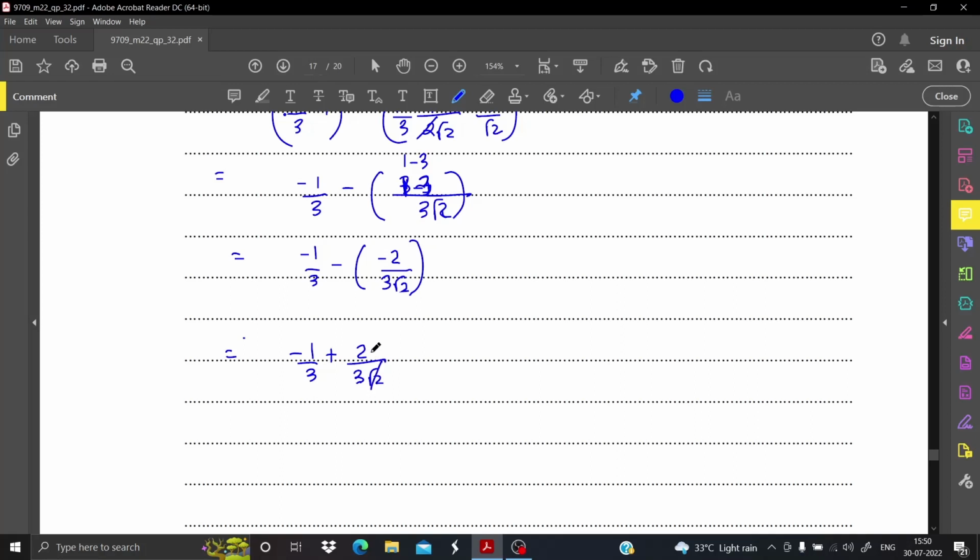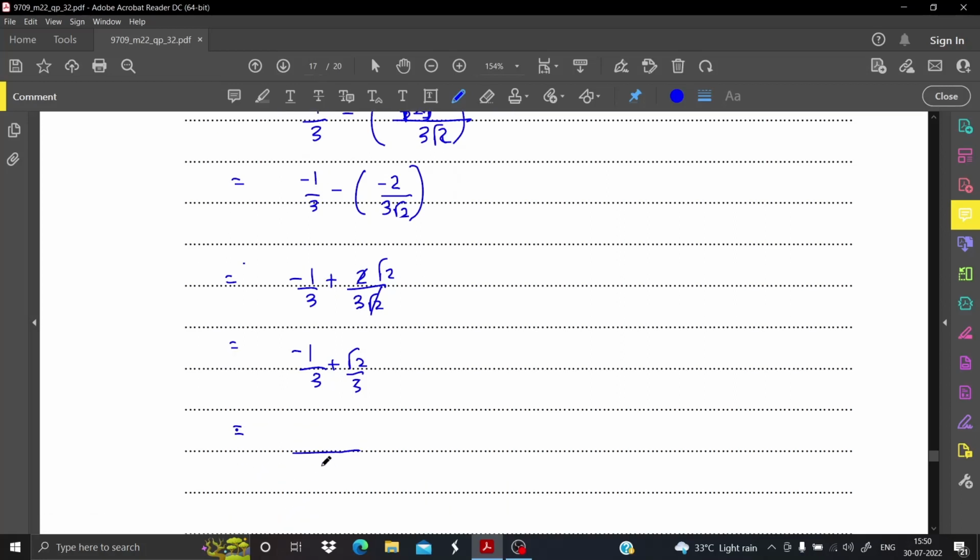So this root 2 cancels, you get root 2 here. So minus 1 by 3 plus root 2 by 3. The final answer is, you have the same denominator, so it's root 2 minus 1 over 3, and that is the exact value.